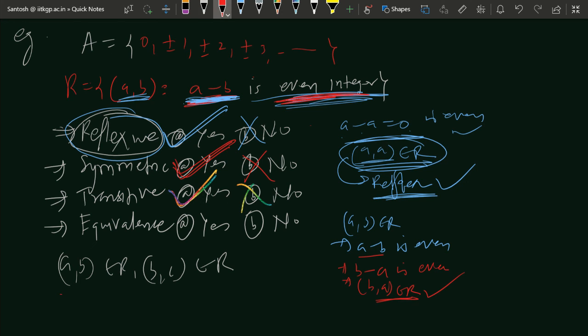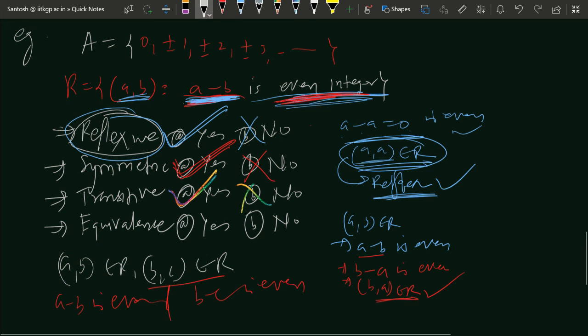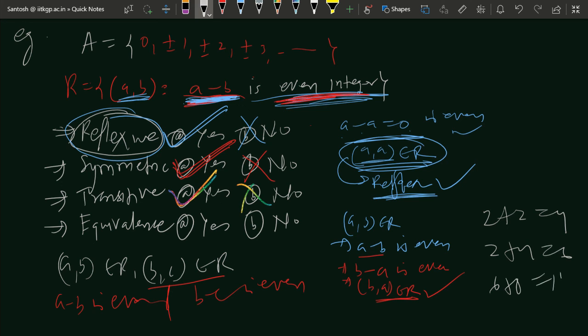So (A, B) belongs to R means what? A minus B is even. (B, C) belongs to R means B minus C is even. And you know the sum of two even numbers is always even: 2 plus 2 is 4, 2 plus 4 is 6, 6 plus 8 is 14. So if you add two even integers, you will get an even integer only.